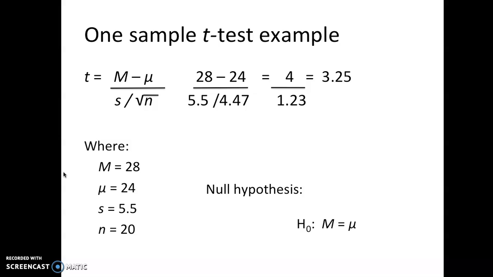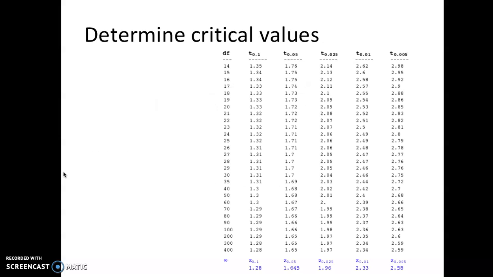Next, we will need to determine the t critical value. Unlike the z-test, the t critical value is going to change as a function of our degrees of freedom and our alpha level. We always use an alpha of 0.05. However, if we are running a two-tailed test, we have to split that 0.05 in half so we can have 0.025 in each tail. That is what we will do here.